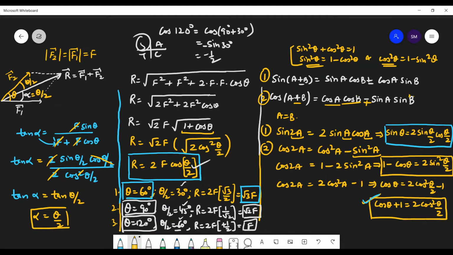And for 180 we know 0, and for theta equals to 0 degree, cos 0 is 1. So R is equals to 2F. And for theta equals to 180, cos 90 is 0, so the resultant will be 0.